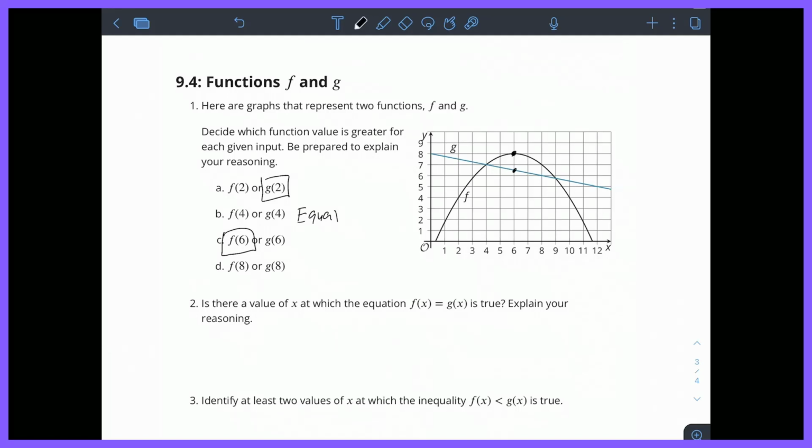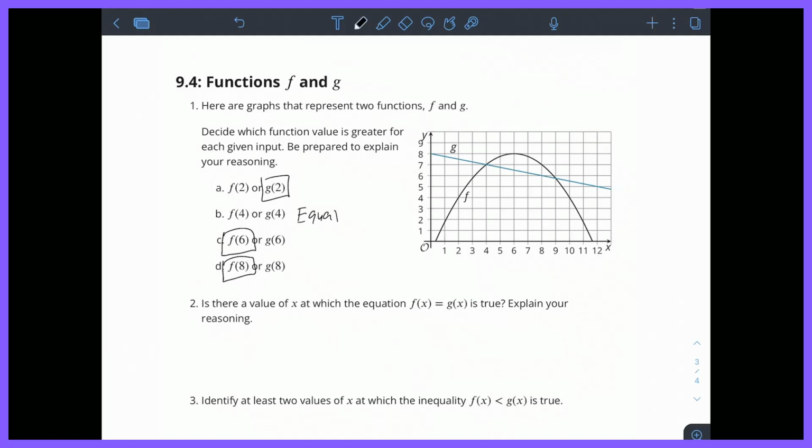The black dot is higher than, well, it's black on my iPad, but it's going to be from the blue function. The f dot is higher than the g dot. Last, 8. In this case, here's 8, here's g, here's f. F is still just a tiny bit higher than the g function. So f of 8 is greater than g of 8.